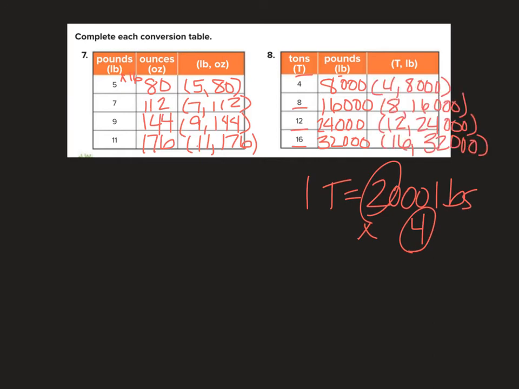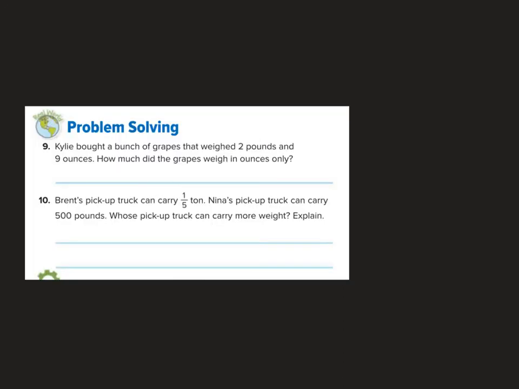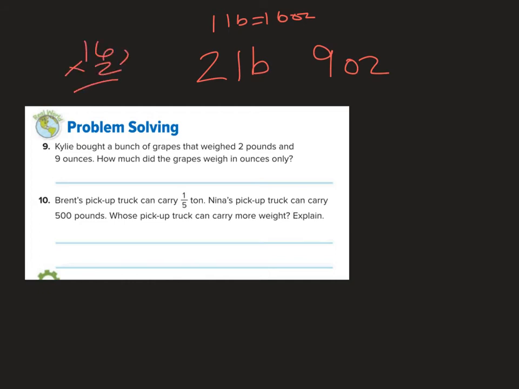Let's do some more problems. Kylie bought a bunch of grapes that weighed 2 pounds, 9 ounces. How much did the grapes weigh in ounces only? Okay, so we know that 1 pound equals 16 ounces. So 2 pounds would be worth 16 times 2. 16 times 2 is 32.